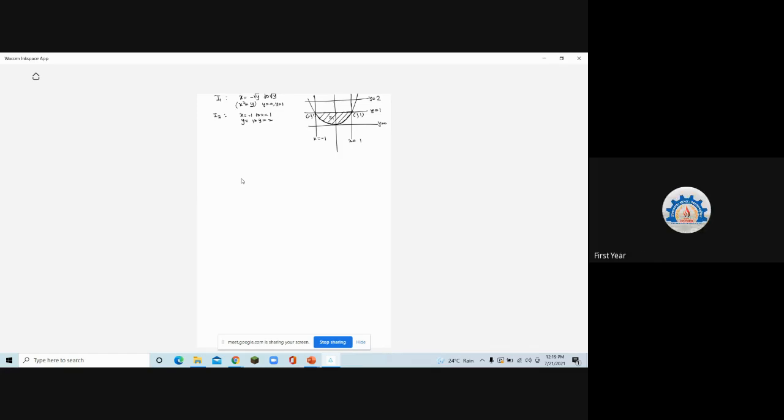And the region above it is I2. It is a square, correct, very good. Because see the limits, they are not on the surface of any equation depending on x and y. It's only lines, so this is the square. I'm darkening the side, this and this. That's your I2.